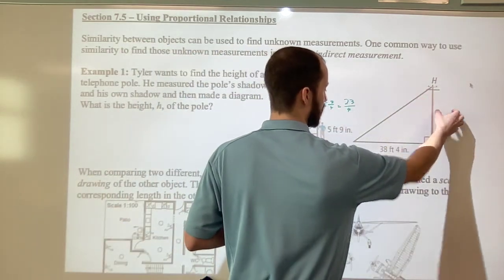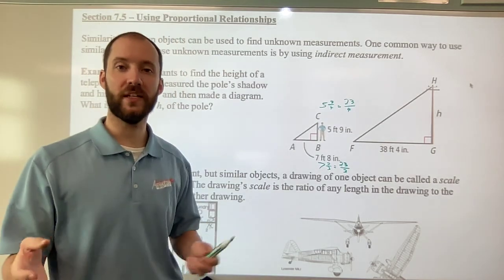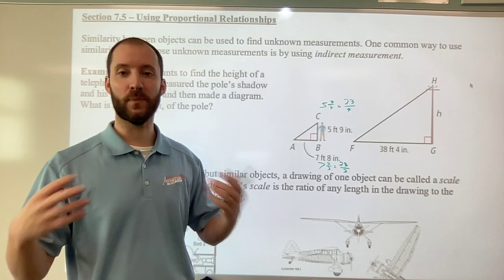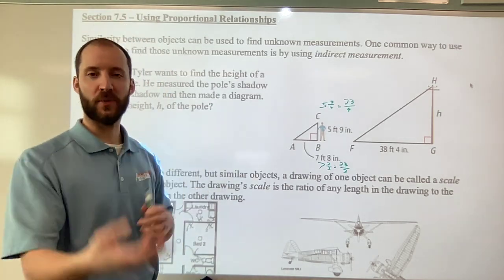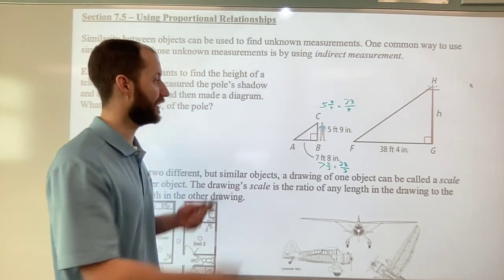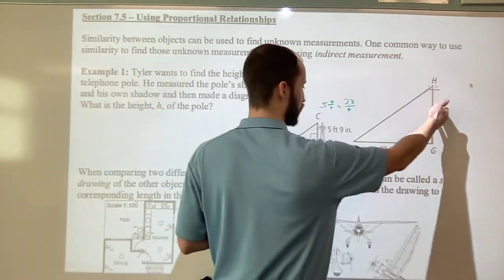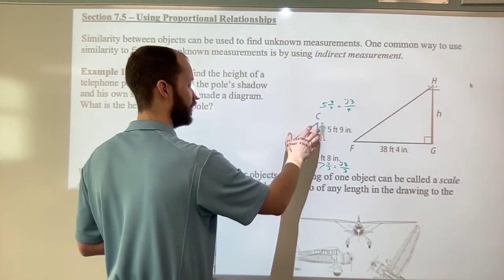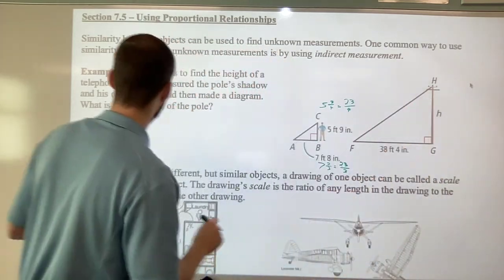We have h and the shadow. So again, when I set this proportion up, I want some commonalities. Like I said earlier, big over small, or in this case, I'll do height versus shadow and height versus shadow. So the ratio for the small triangle equals the ratio for the big triangle.